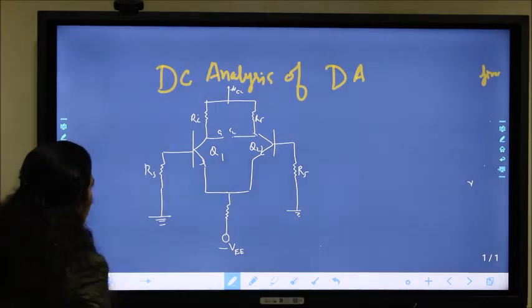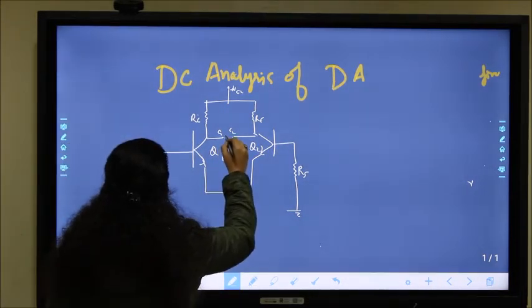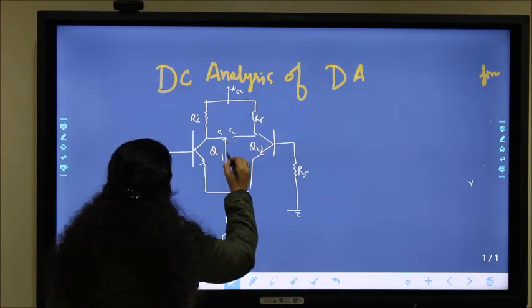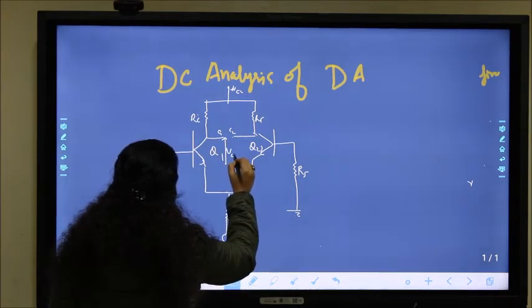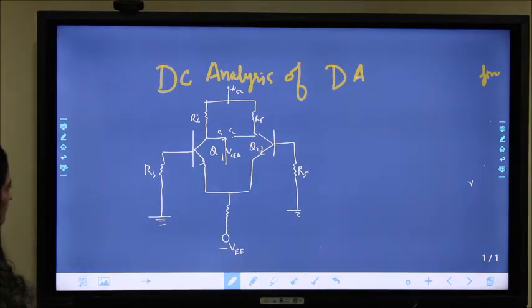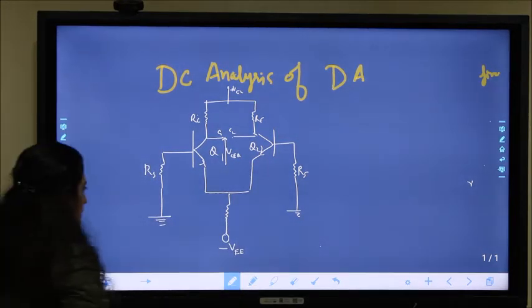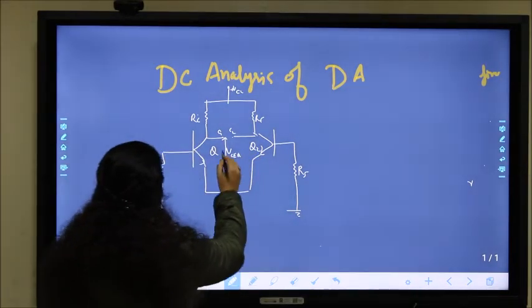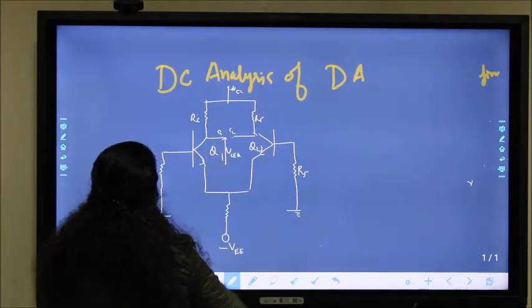Is it clear? This is the voltage drop VCEQ, the voltage drop between the collector and emitter.